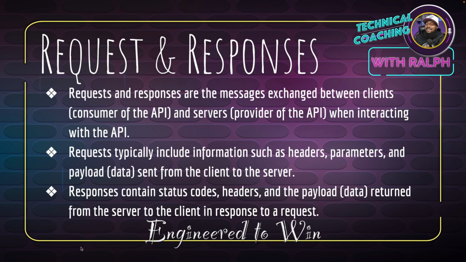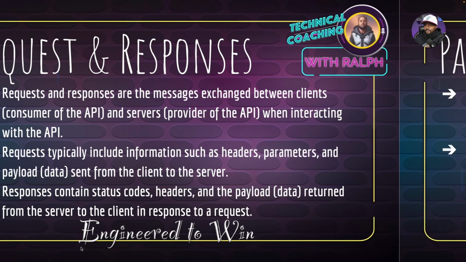Responses contain status codes, headers, and the payload, the data returned from the server to the client in response to a request. So they're just interacting with each other. You send the request, you get a response. And what you send determines the response that you get.